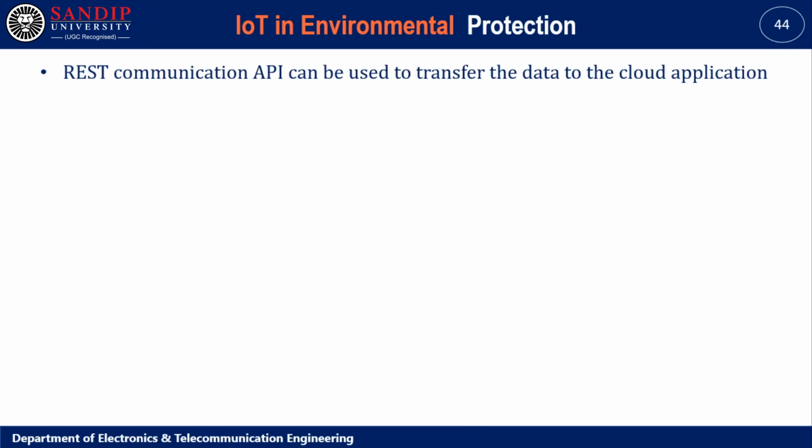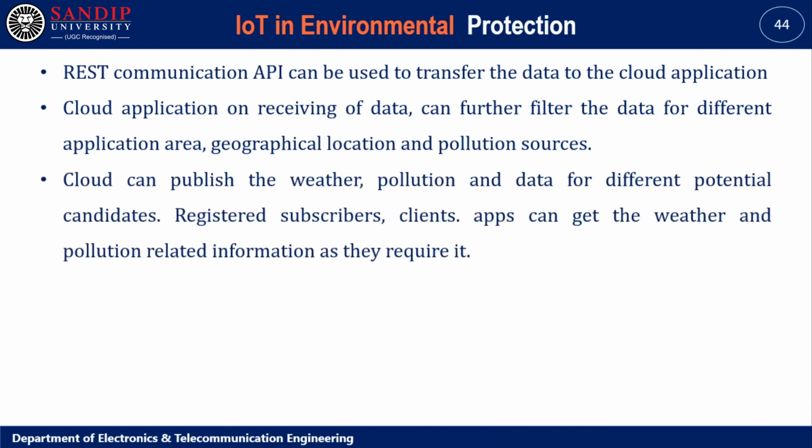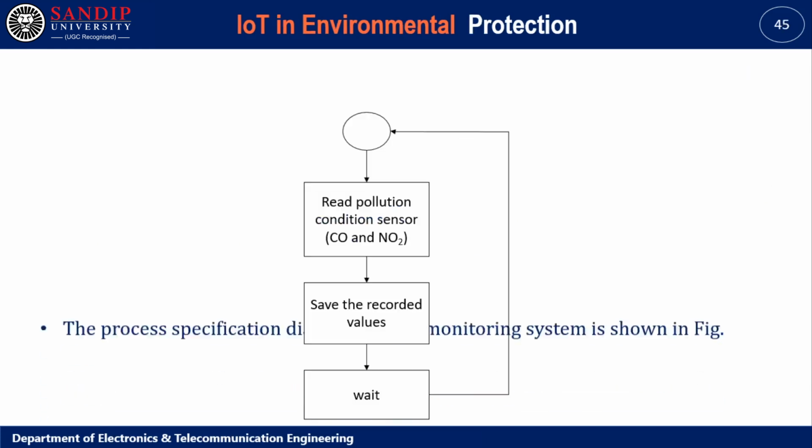A REST communication API can be used to transfer the data to the cloud application. The cloud application, on receiving the data, can further filter the data for different application areas, geographical locations and pollution sources. The cloud can publish the weather and pollution data for different potential candidates, registered subscribers, clients. Apps can get the weather and pollution related information as they require it.